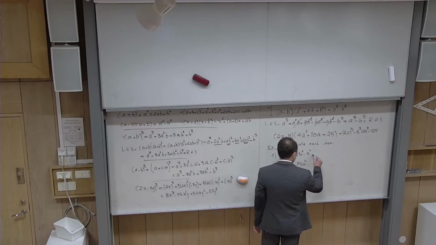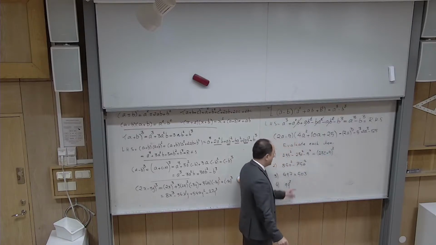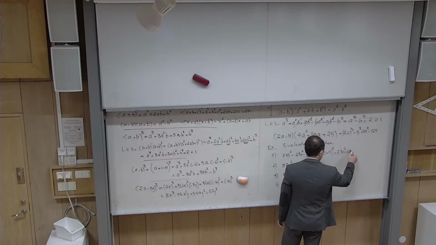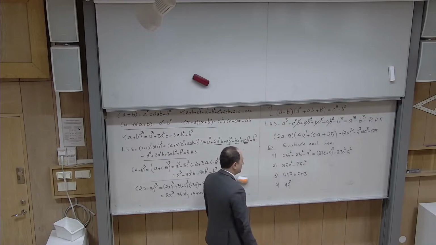How? I can write the first one as 230 plus 5 squared. And then I just write them down. So it's minus 230. The reason they have written 5 to power 2 probably is to help you understand this pattern.